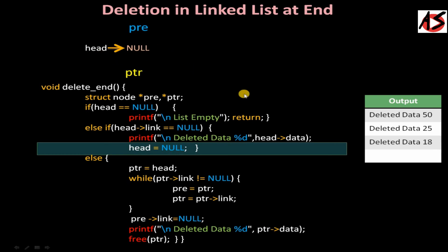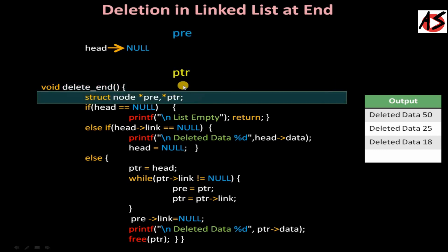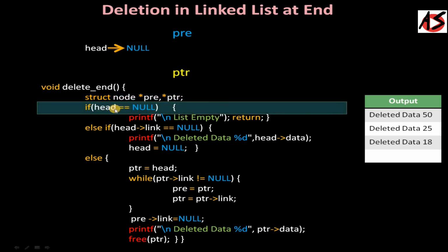And now if you again call the delete end function, you are defining two variables, previous pointer and pointer, and then you are checking the condition, head is equal to null. Now at this time head is indicating null, so the condition is true.